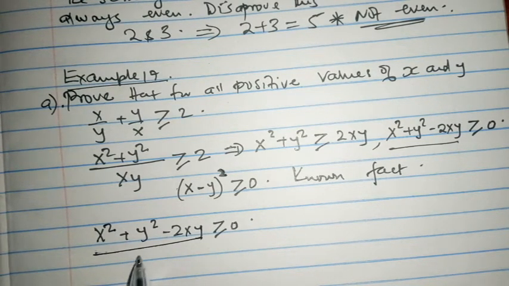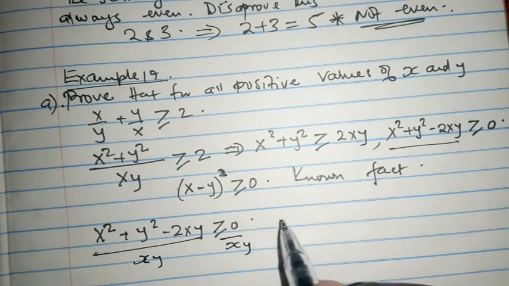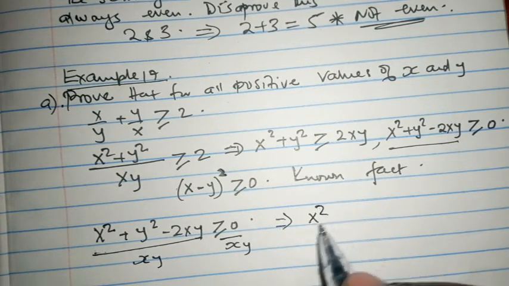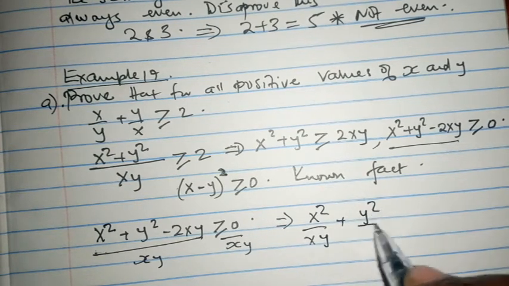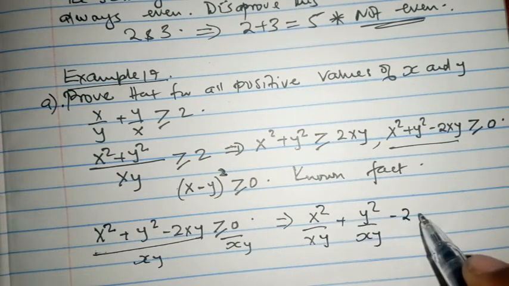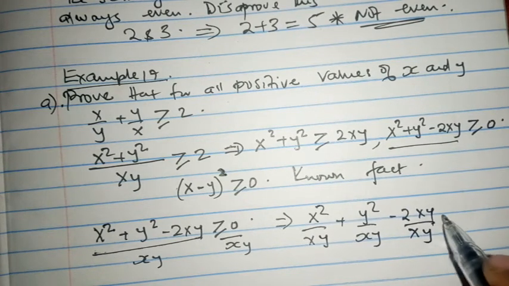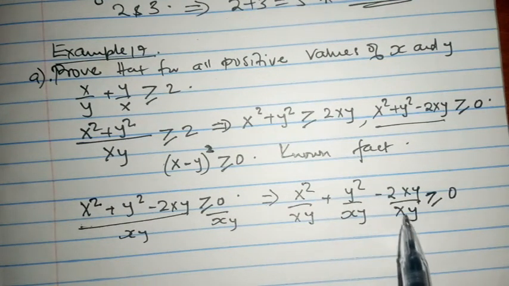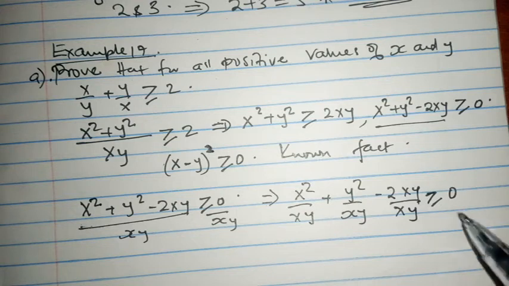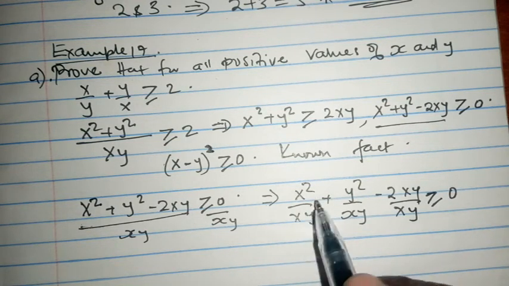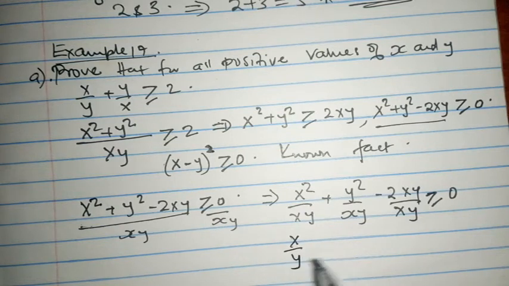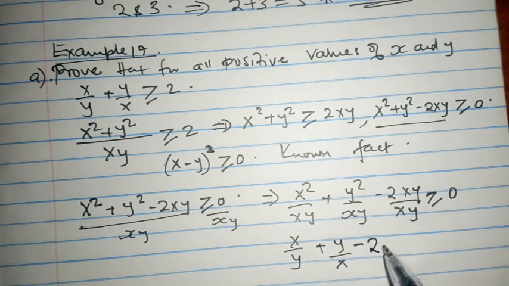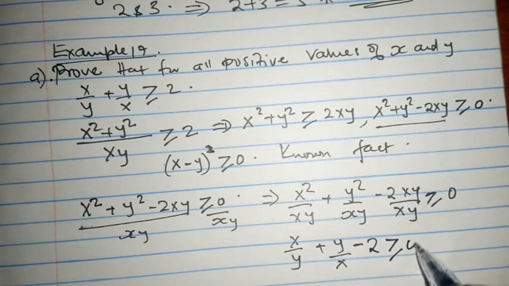If we divide both sides by xy, you're going to have x squared over xy plus y squared over xy minus 2xy over xy, of course greater than or equal to 0, because 0 divided by xy is simply 0. And this will give us x over y plus y over x minus 2 is greater than or equal to 0.